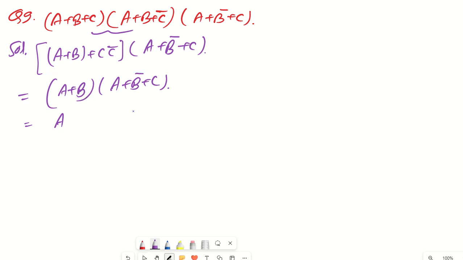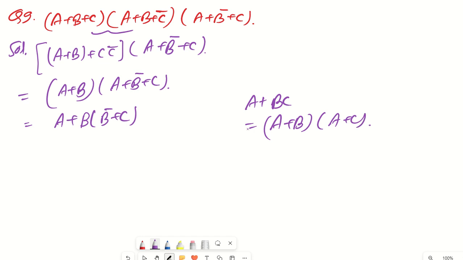So I will write it down as a plus b into (b bar plus c). So by this solution, let's say a plus bc, what was it that we had? A plus bc, what we had was (a plus b) into (a plus c), right? So similar to that I am trying to solve this. I can do that: a plus b, that is the first term, into (a plus b bar plus c), right? So this is how we are going to get this complete term, right?